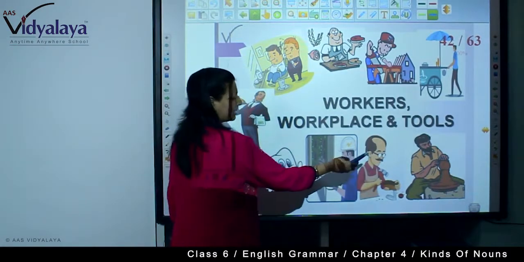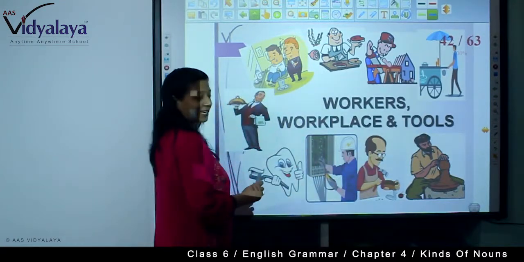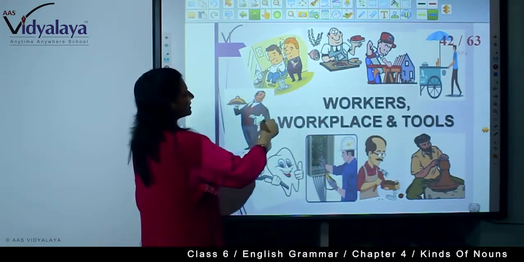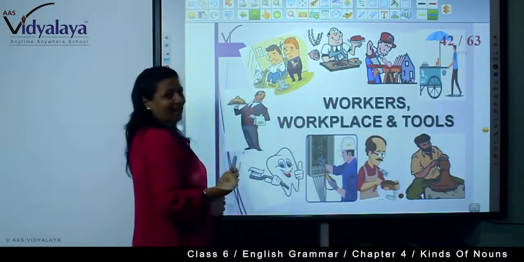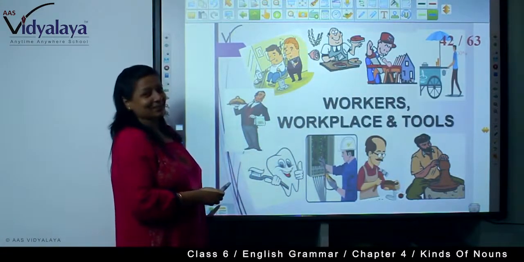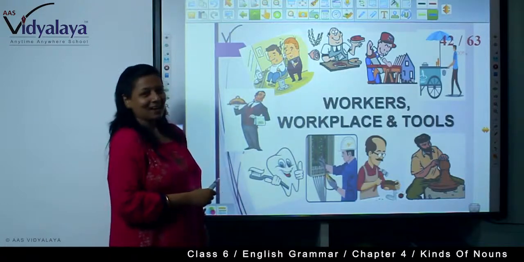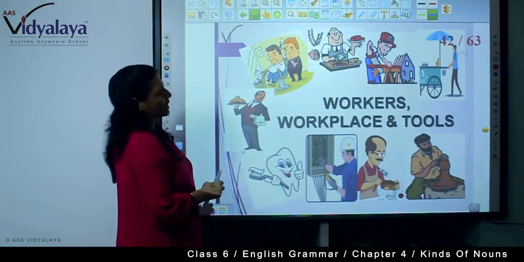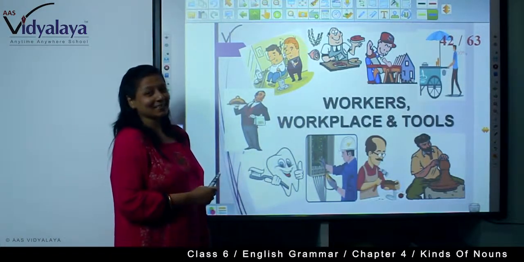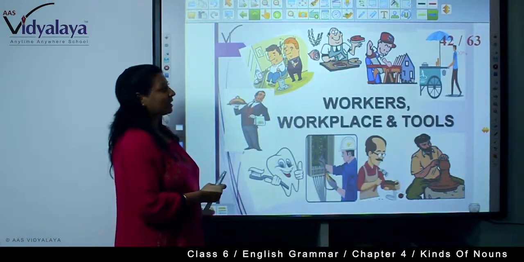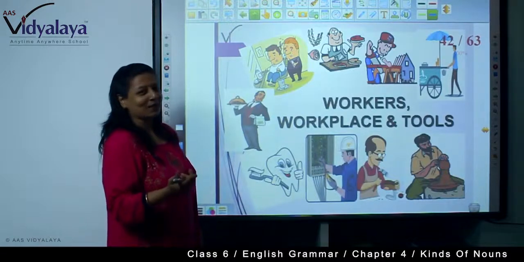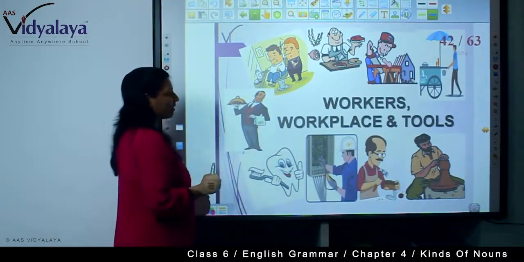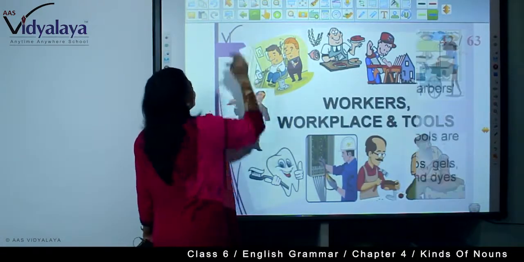Right, and he is a person who is making pots, and see here the chef is here, and the carpenter is also here, and one very interesting person that we all like, that is the ice cream maker, a person who sells ice cream. When we go to the shop, we always look for an ice cream parlor. So let's have a look at these things.